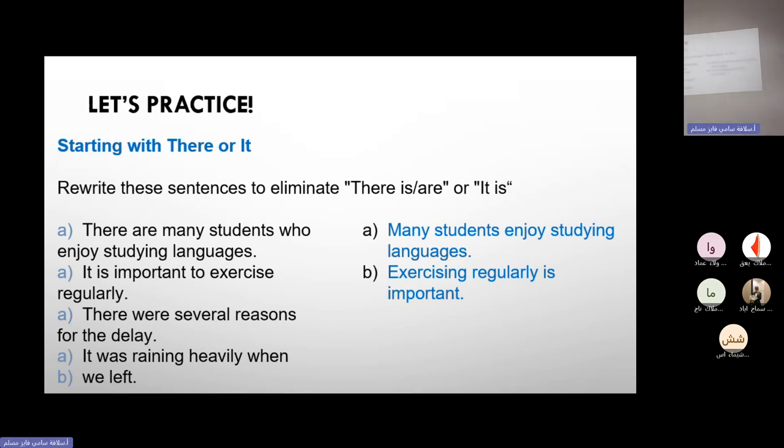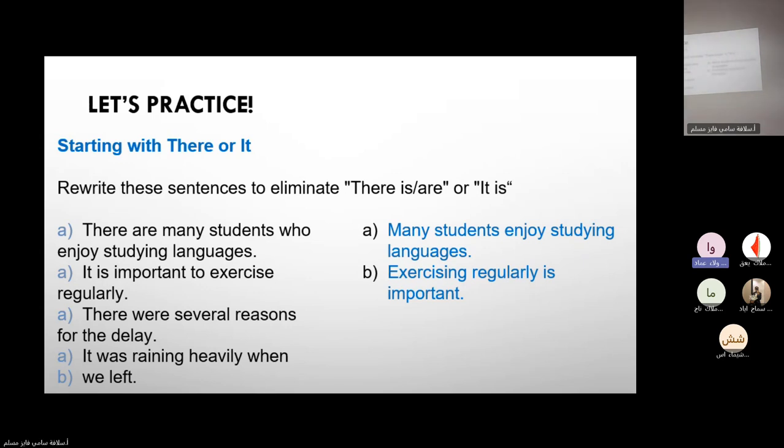بلش وين الفاعل؟ وين السبجكت؟ Several reasons. ضبط الجملة. مين بيحب يعملها؟ ركزوا منيح. ولا what do you think? ولا online.